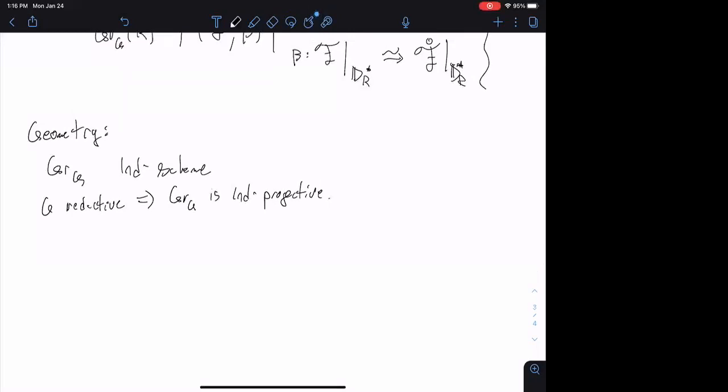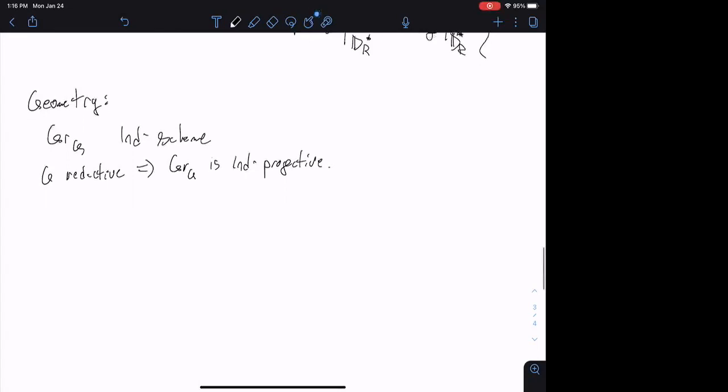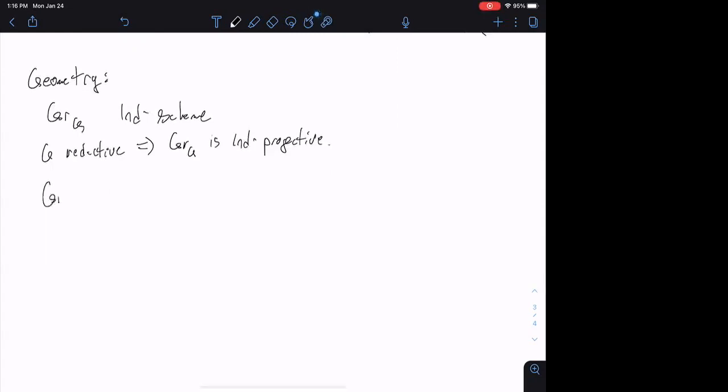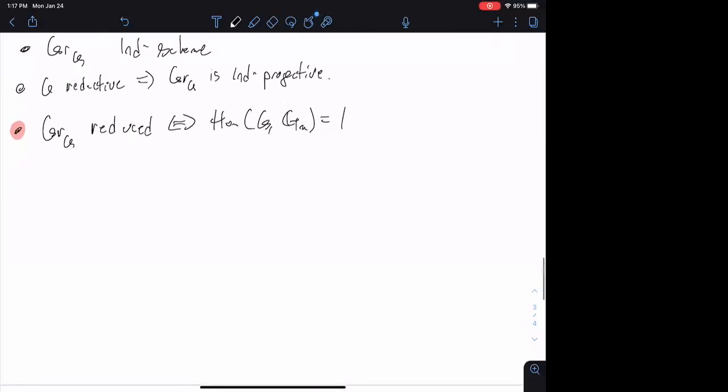I'll be working with G semi-simple, and so certainly then I'll have that Gr_G is ind-projective. But I'll also be working with the affine Grassmannian associated to T, a torus. And then I have the following result, that the affine Grassmannian Gr_G is reduced if and only if the Hom's from G to G_m are trivial. So in particular, what this already says is that the affine Grassmannian associated to the torus will be non-reduced. I'll come back to this point. I want to belabor this a little bit, but for the moment, I'll move on.